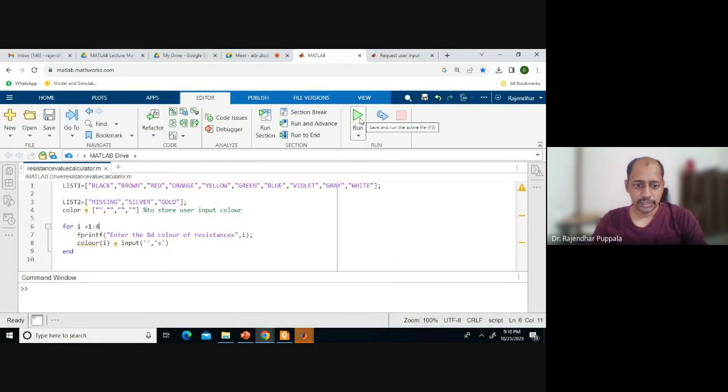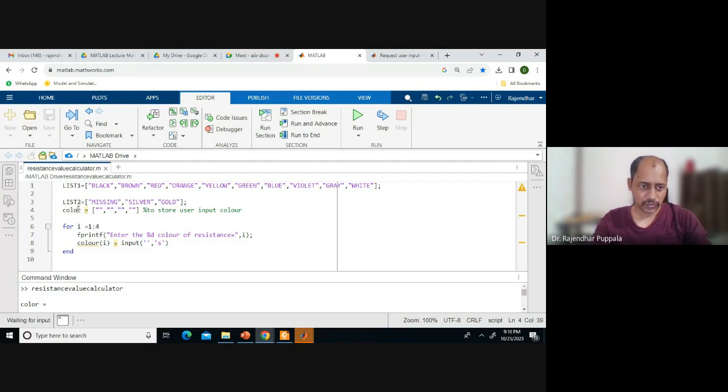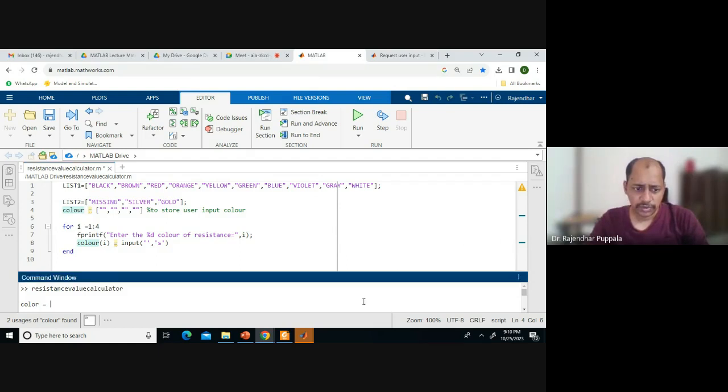I will see whether it works. Color is a string. Now, after giving the input, enter one color of resistance, red.